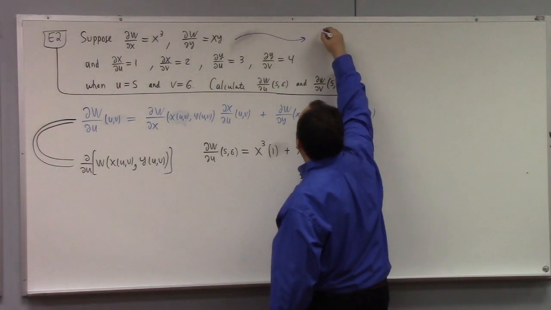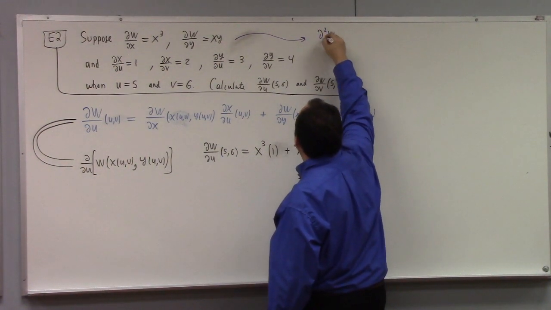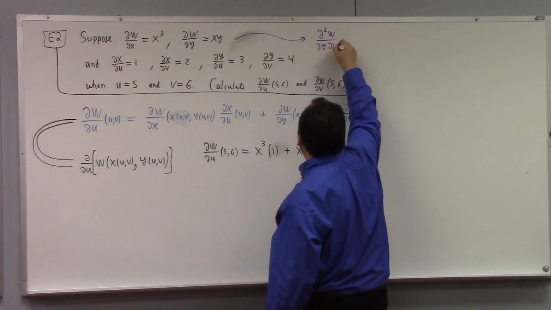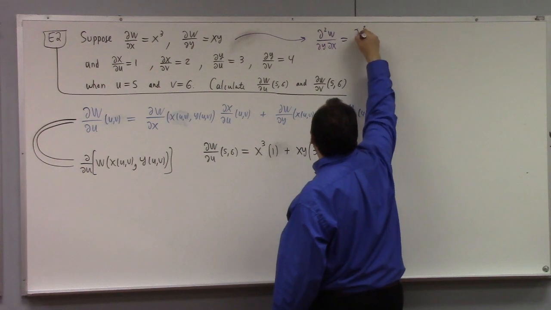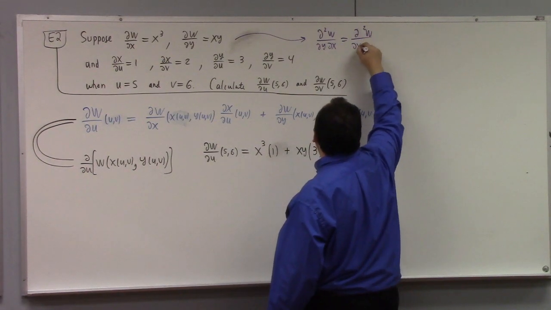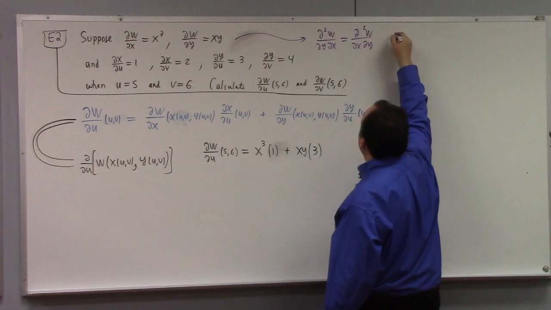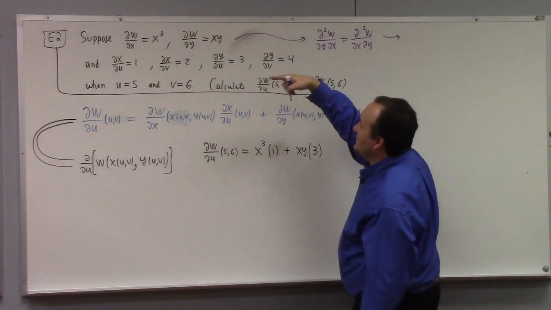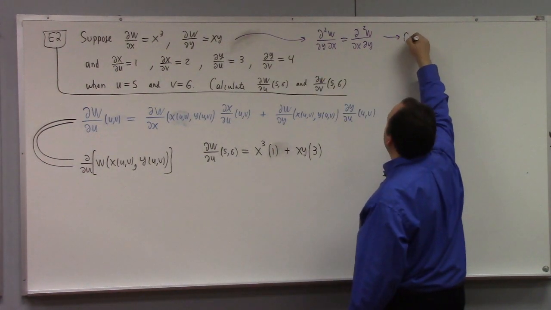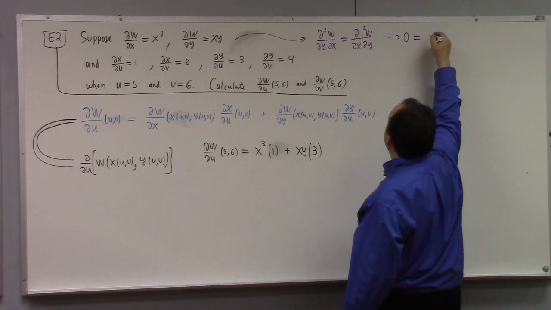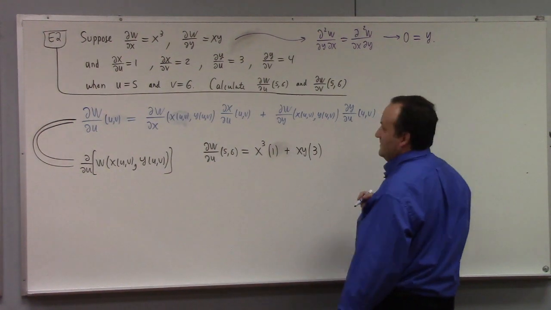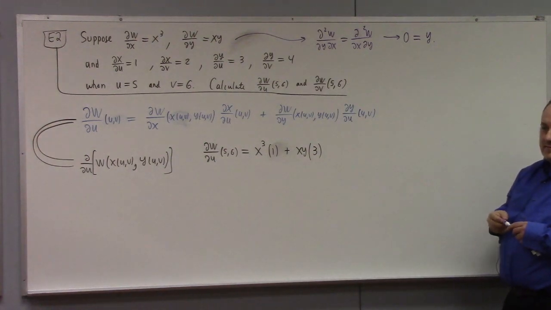We know, remember, that partial squared w, partial y, partial x is equal to partial squared w, partial x, partial y, right? But for my formula, that says 0 is equal to apparently y. That's a problem, right?